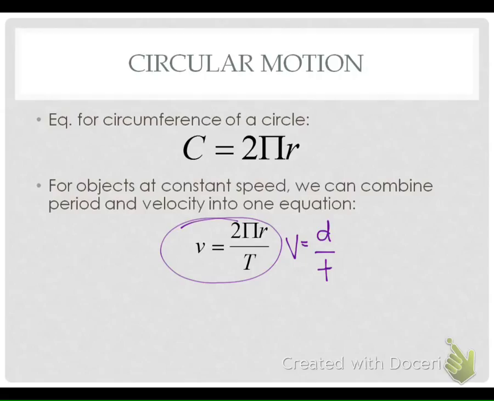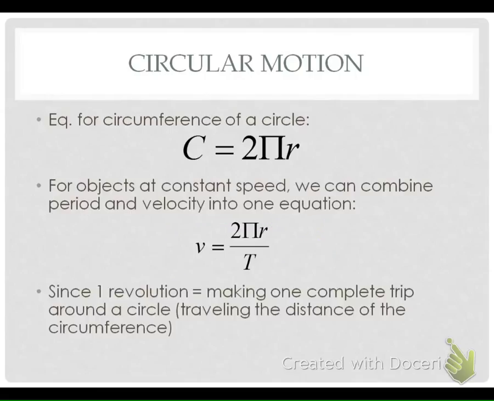The distance it takes to get around the circle, the time it takes us to get around the circle one time. Okay? So 2 pi r over T. And r, again, here stands for radius. Good. Okay, so that's just explaining why we use the circumference. Okay, making one revolution is traveling around the circumference one time.